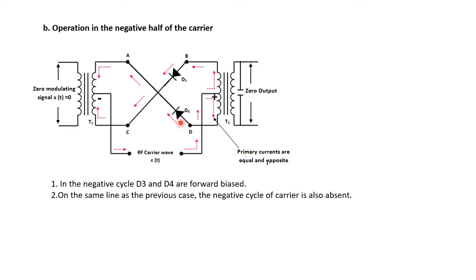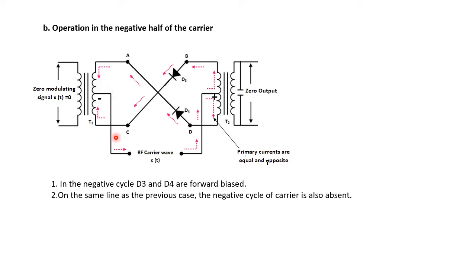Now what happens with the diode D4? Since diode D4 is also forward biased, the current will start in the direction of the arrow. The current will flow in this direction. It will move like this, then it will go through the secondary of the transformer T1.